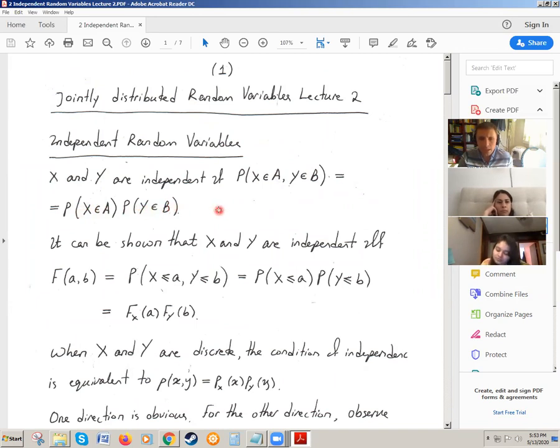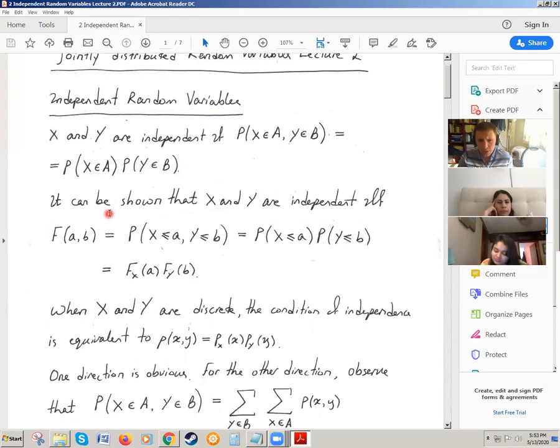It can be shown, and that actually is easy to show if you do measure theory, that it's not true for all subsets, only for measurable sets. That's something in real analysis. It can be shown that if X and Y are independent, then that happens if and only if the cumulative distribution function satisfies the multiplicative property.